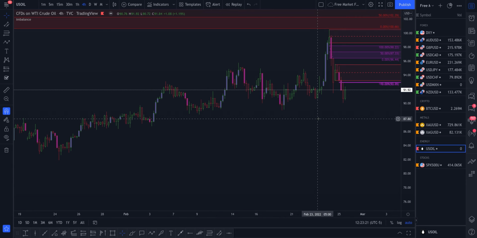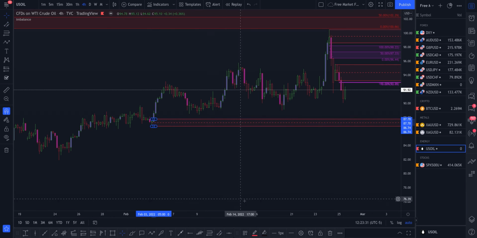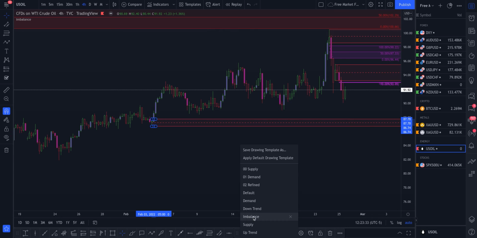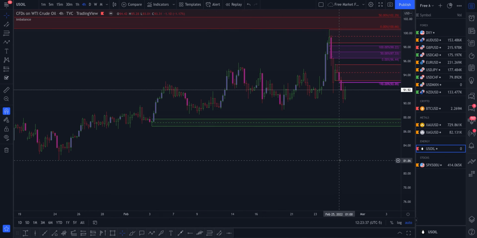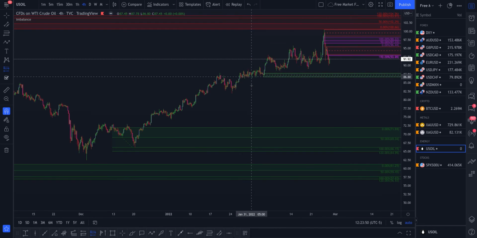Could go long here, all right. But again, the institutional bias is short. However, if we do go short, because this is unmitigated, maybe our TP can be here.